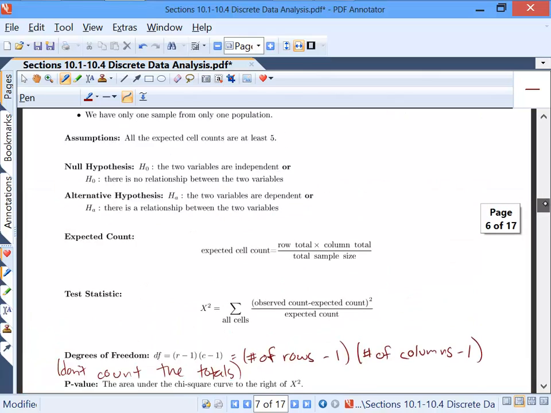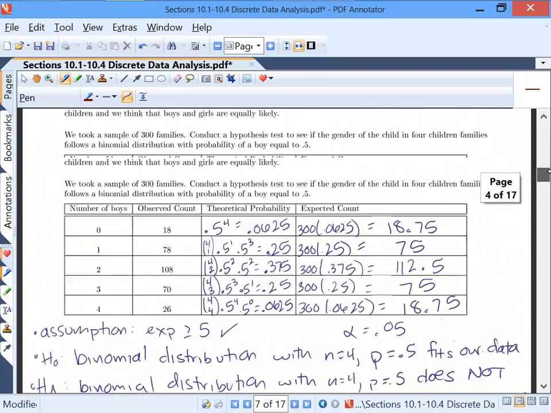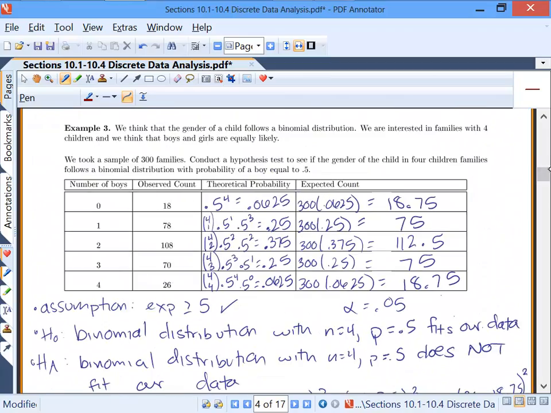Speaking of that, we could go back up to one of our goodness of fit tests. Consider this example where we have 300 families. If we know that these expected counts have to add up to 300 families, how many of these numbers do you actually have to figure out before you could just start subtracting to find the other ones? 1 less.